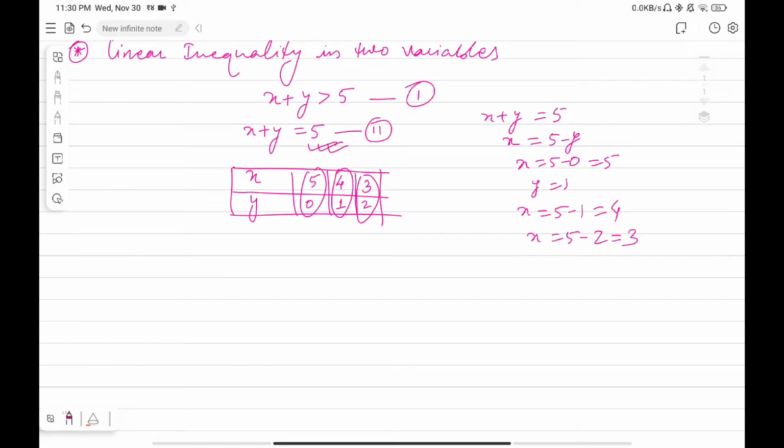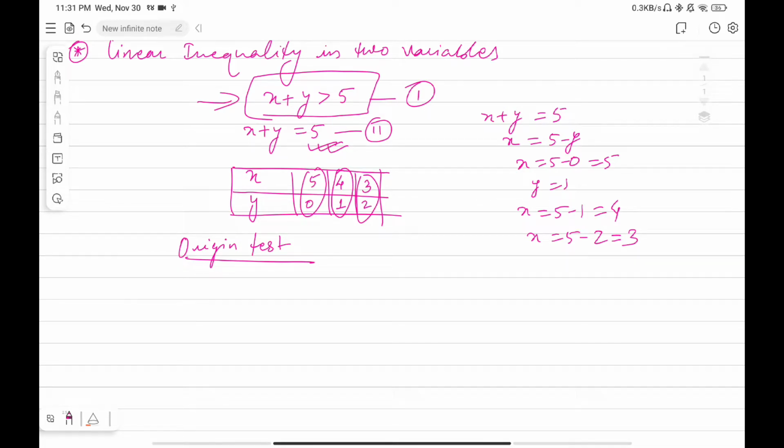Now as the line has been drawn, that is our boundary line, we need to identify the region represented by this inequality 1. How to recognize that? We have a test called the origin test. In the origin test, we put x and y equal to 0, 0 in inequality 1.